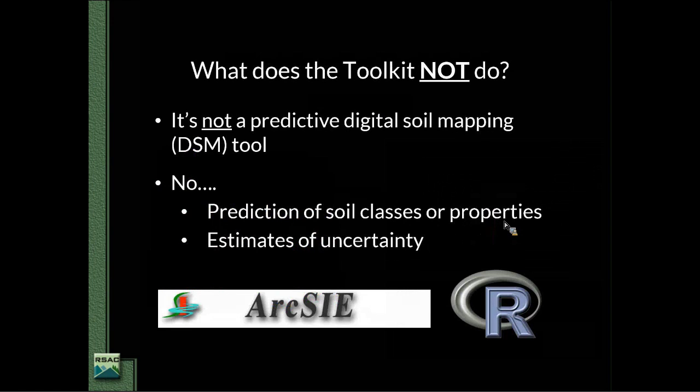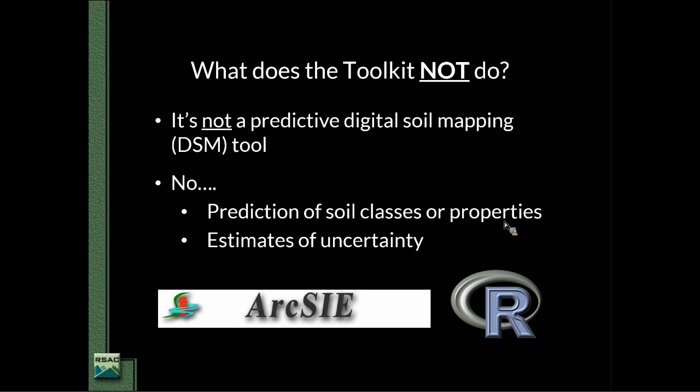I think most important with any tool is to talk about what it doesn't do. And so the toolkit itself is not a predictive soil mapping tool. It does not provide predictions of soil classes or soil properties like clay percentage or organic matter, nor does it provide estimates of uncertainty. Now the toolkit can be used during the development of those products, but it itself will not produce these things.